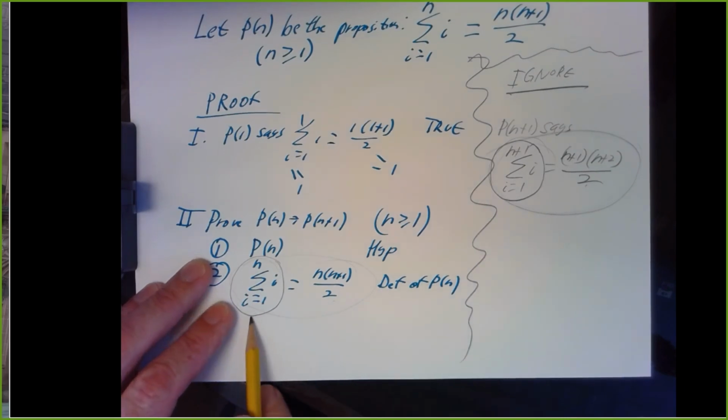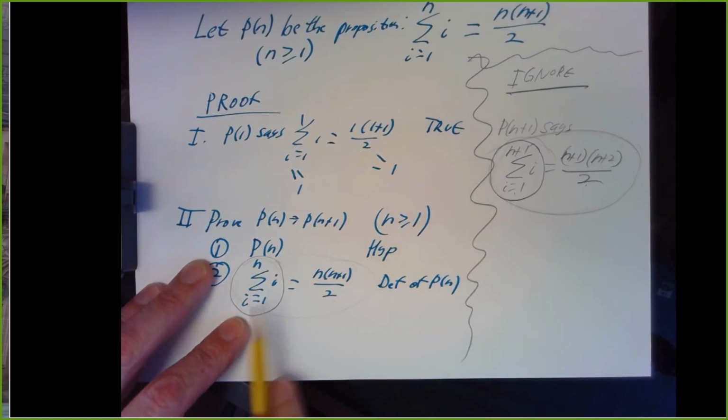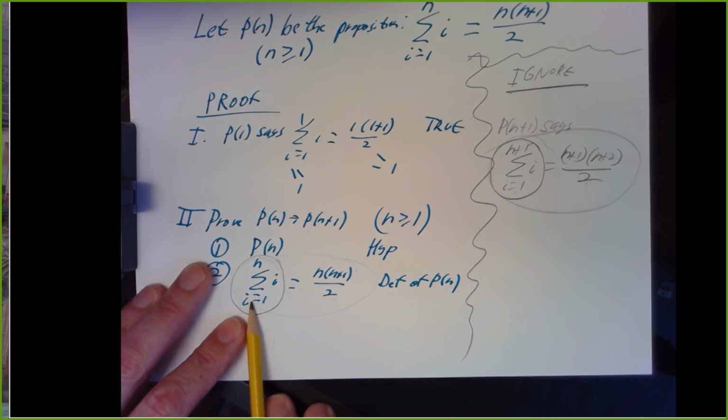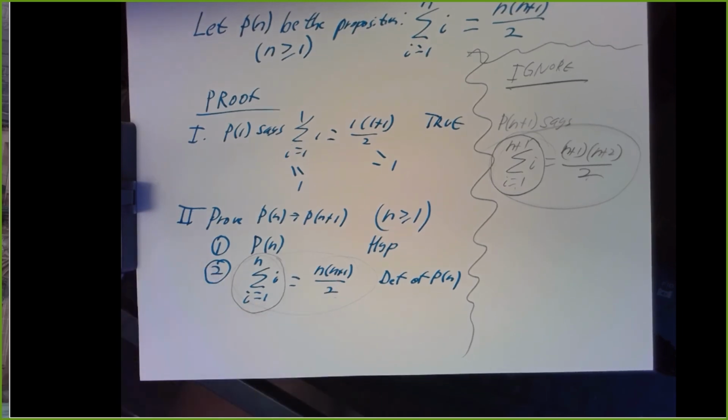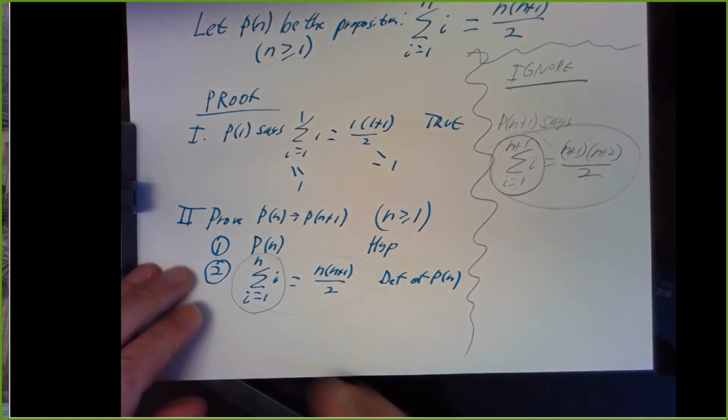What do I have to do to this to make it equal to that? I have to add something, not quite 1. I have to add one more term. Add an n. And it's actually an n plus 1, but you've got the idea now.